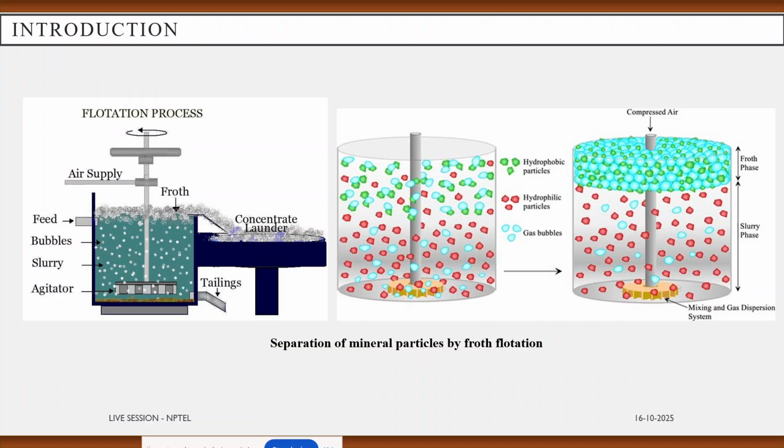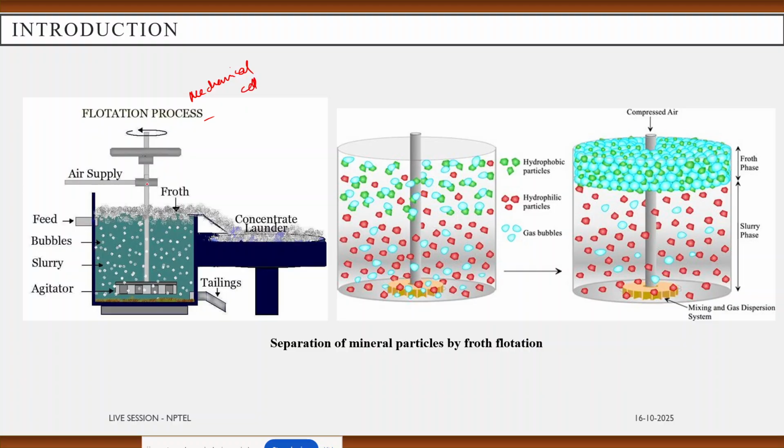So we are now going to discuss the separation of mineral particles by the froth flotation process. Now you can see on the left-hand side there is a typical flotation process and flotation cell, but here, as it is a motor-induced process, this is a kind of mechanical cell.